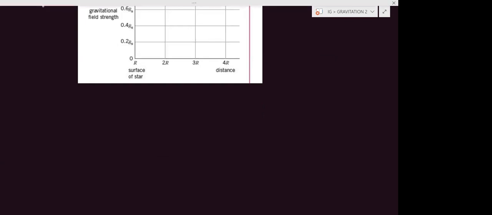First we know at r the gravitational field, that is Gs. Gs is the gravitational field, and I told you the gravitational field formula from any mass.